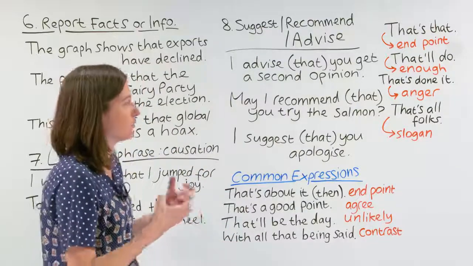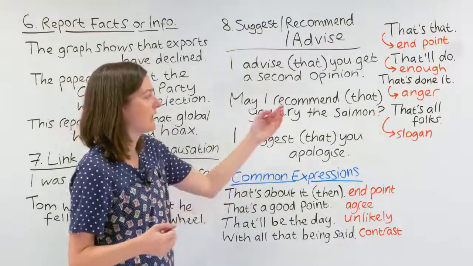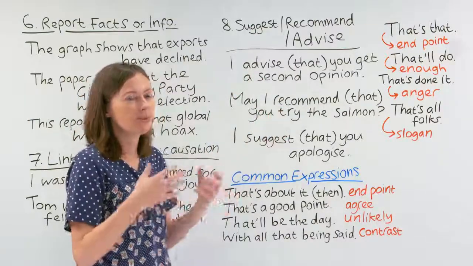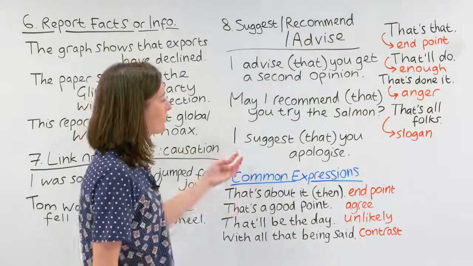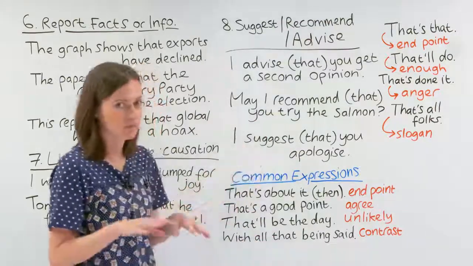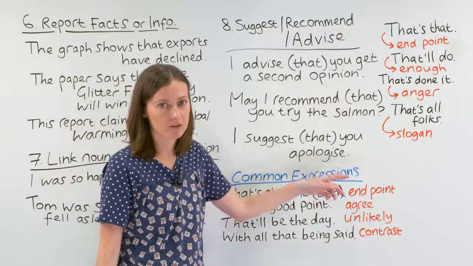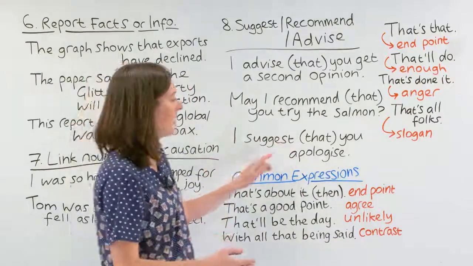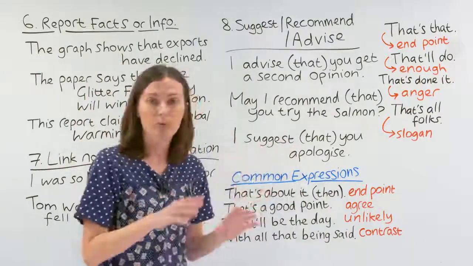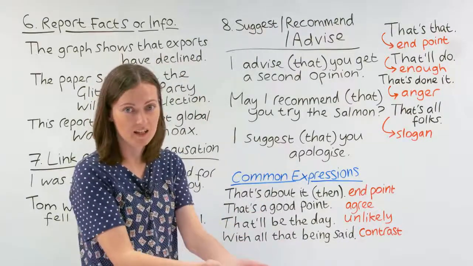So we don't say advise and we don't say recommend because we don't want to tell them what to do. So more softly we say suggest, like this. I suggest that you apologize. Sometimes we can hear the pause after suggest because people are careful about telling the other person what they think they should do.